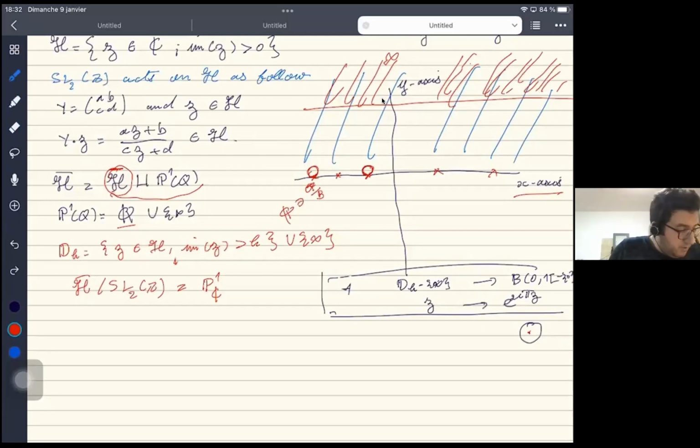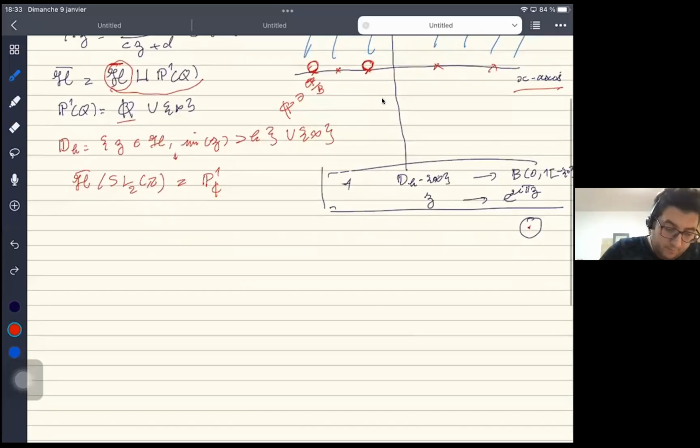Now I will define what a modular form is. I need to fix k, which is the weight of the modular form.